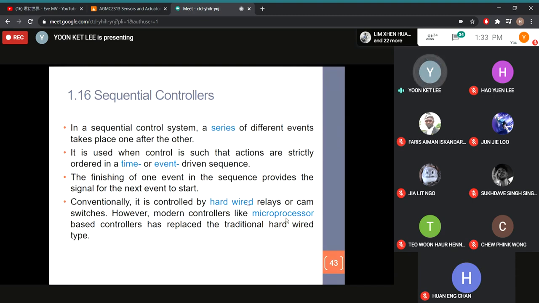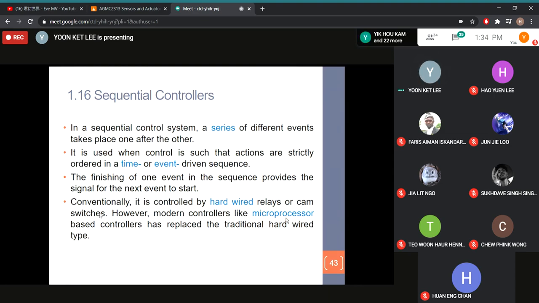Conventionally, this control is done by hard wires, relays, or cam switches. During the time before the PLC was invented, maybe the 1960s, when we wanted to perform latching or circuit control, all we did was in relay form. We used relays to do the hard-wired control, just like the relay latching experiment you did before.